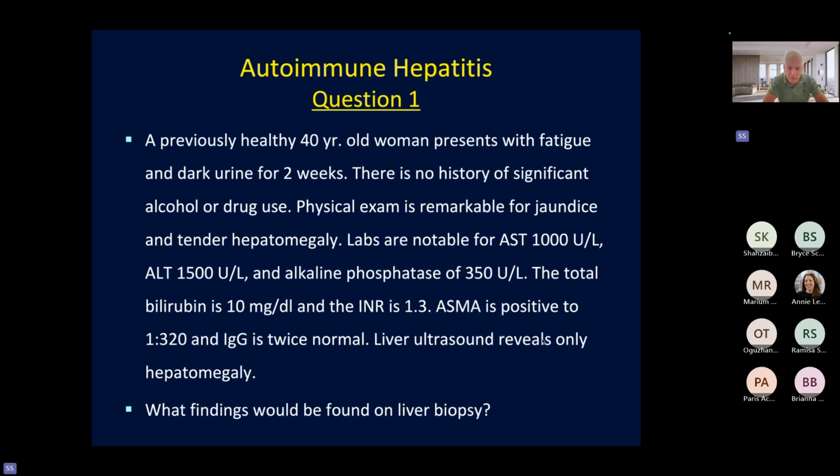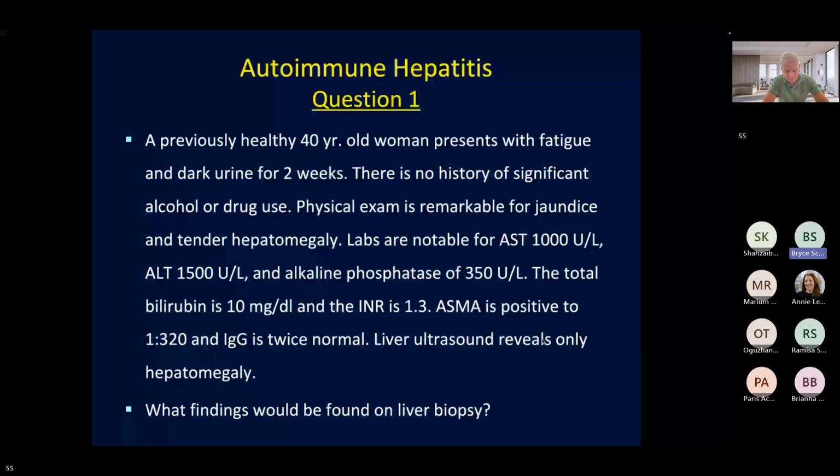So we have a couple of questions. Would someone like to read the first? Sure. A previously healthy 40-year-old woman presents with fatigue and dark urine for 2 weeks. There is no history of significant alcohol or drug use. Physical exam is remarkable for jaundice and tender hepatomegaly.